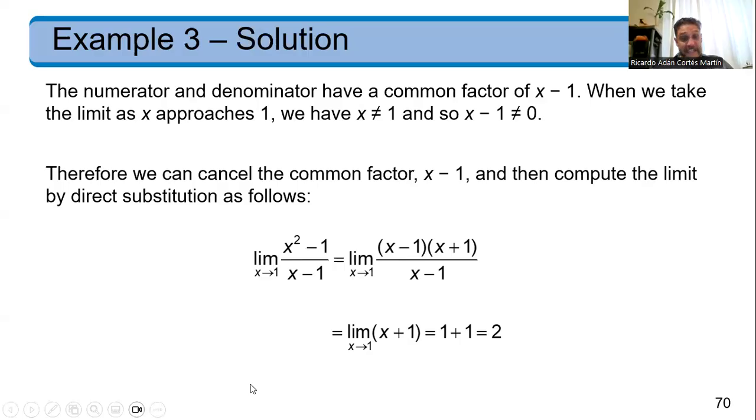But this is only when taking limits. The value of the function is not defined at that point, but only when we are getting limits can we do this cancellation to see what is going on.